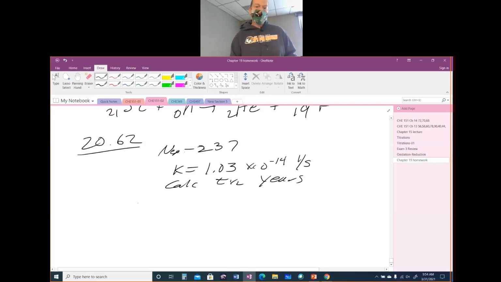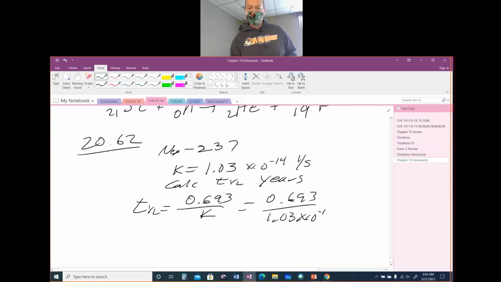All right, and so your half-life is equal to 0.693 over k. So that is very simple, 0.693. You put in your k value, 1.03 times 10 to the minus 14, 1 over seconds, except that is not your final answer because that is 6.7 times 10 to the 13, and that's in seconds.